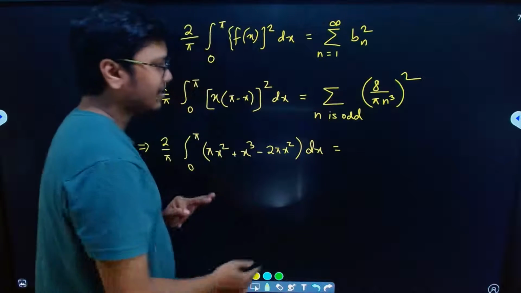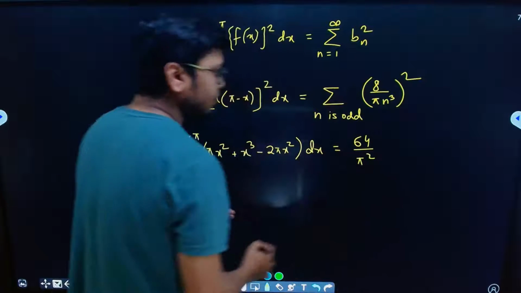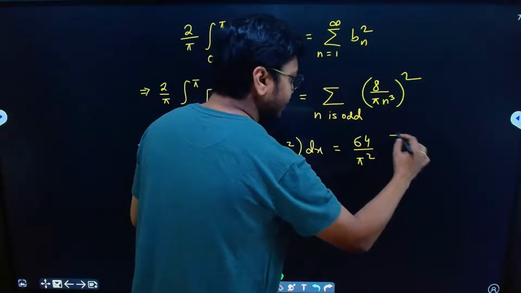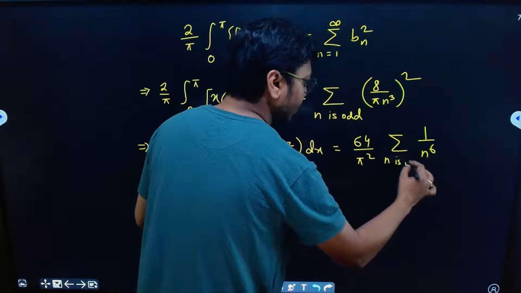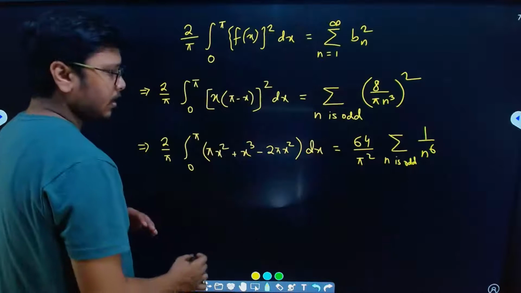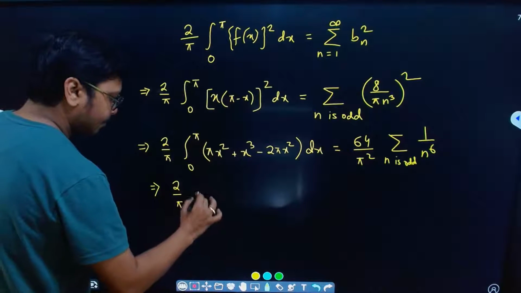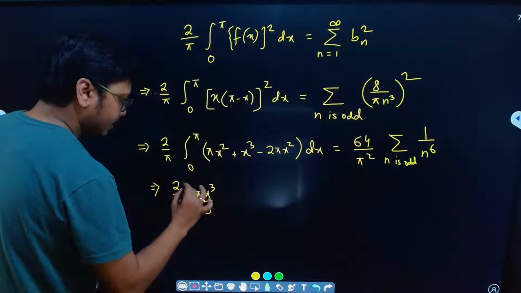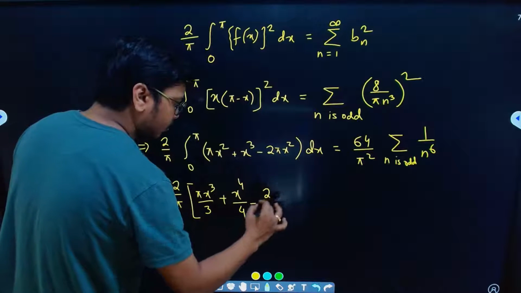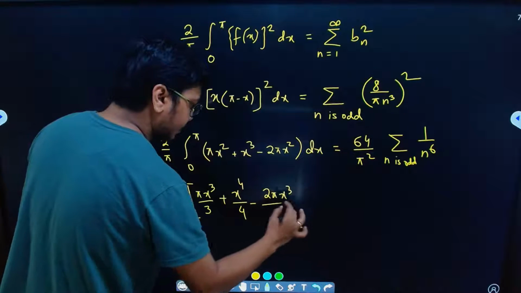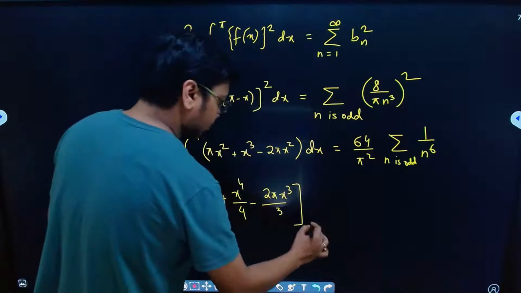And over here I'll bring the constants outside. 64 by pi square I'll bring outside, and I will have summation 1 by n to the power 6, n is odd. So this is becoming 2 by pi, x cube by 3, x 4 by 4, 2 pi x cube by 3, 0 to pi.